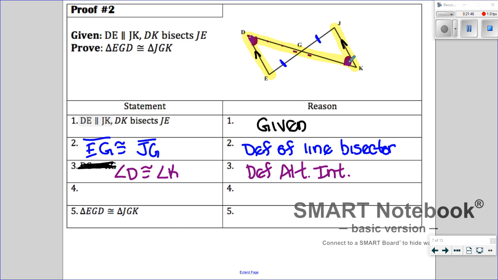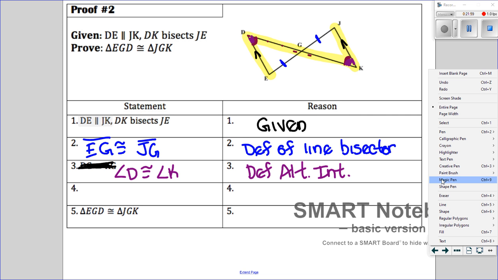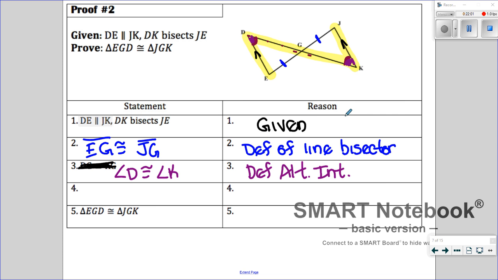And now we need to find one more thing to prove that the two triangles are congruent. I noticed that I've got two lines intersecting each other at a common point G. That means vertical angles are going to happen, so this is going to be congruent to the other angle. So angle DGE is congruent to angle KGJ, and it's the definition of vertical angles.